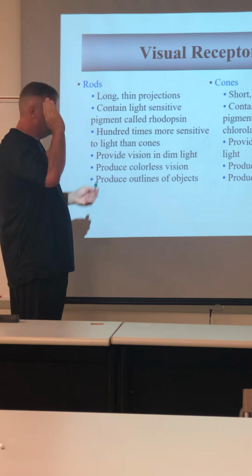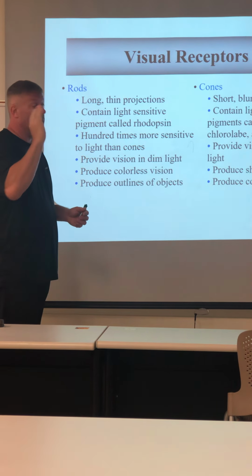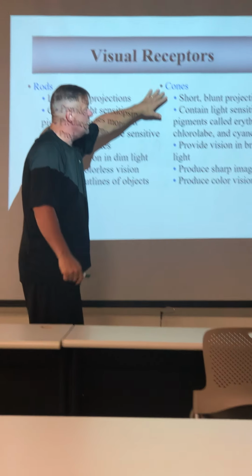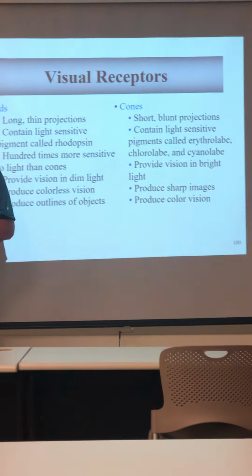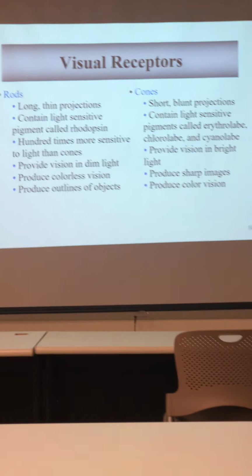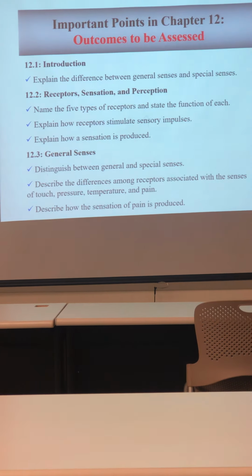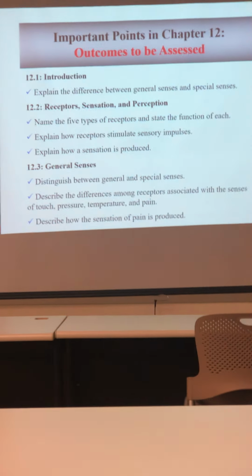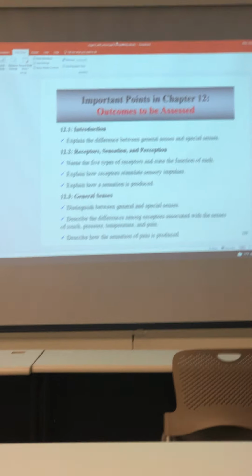So if you look peripherally when you're in the dark, you will see better because there's more concentration toward the side of your eye. Cones, as I said earlier, are concentrated in the fovea centralis. These are for color vision. And I think that's it for this chapter. Those are some key points to know for the exam. So let's go on and look at chapter 15.